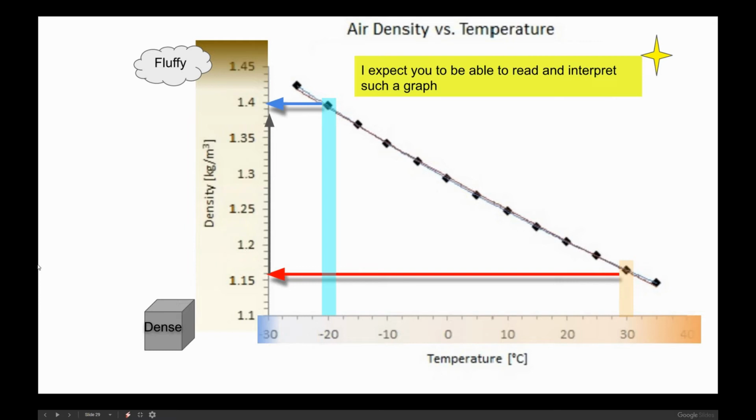Now, why do you think that happens? These numbers are showing that air is becoming more compact at lower temperatures. And as we go along here, the air begins to get fluffy at higher temperatures.